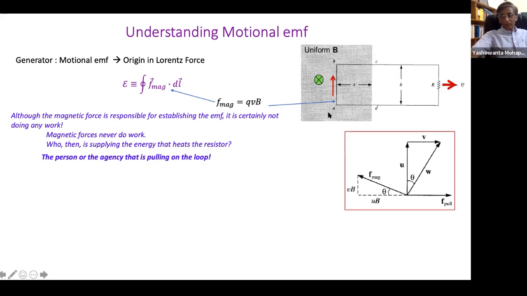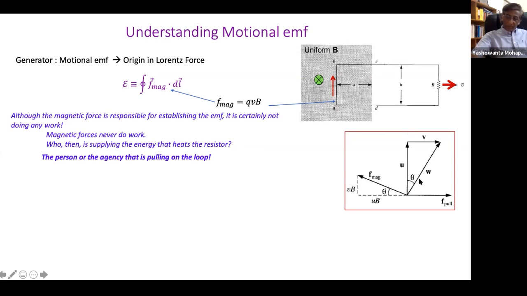If it's being pulled, then you can think of the charge in this arm as having two velocities. One is going in this direction, vertically, and that is u, and the speed with which it is being pulled is v. So it has a resultant velocity, which is w. And what is the magnetic force?